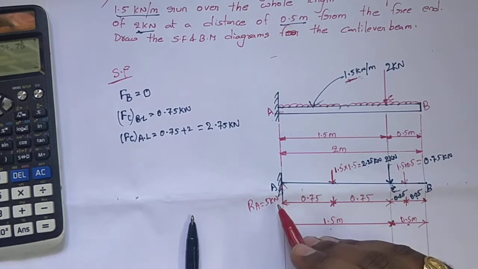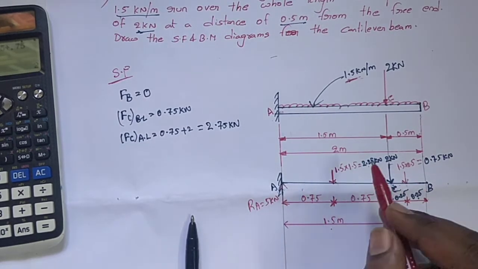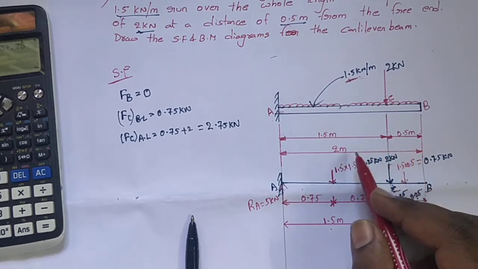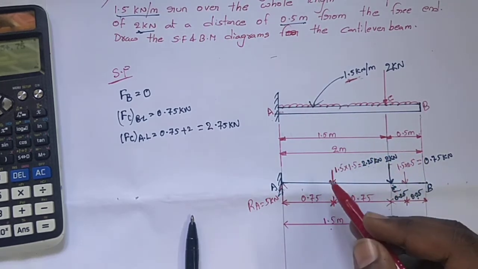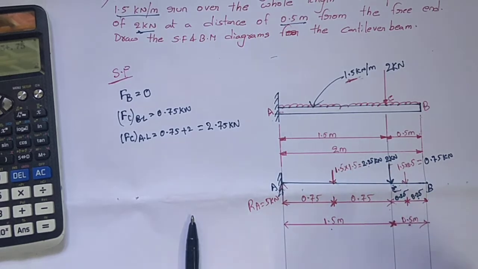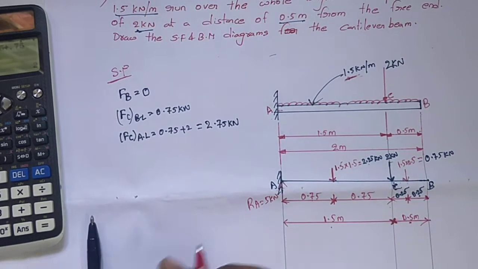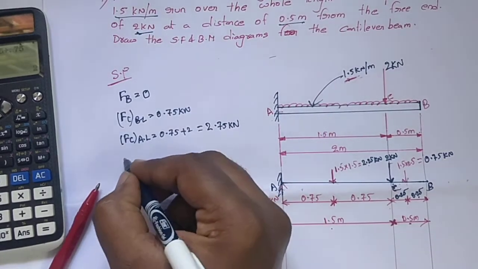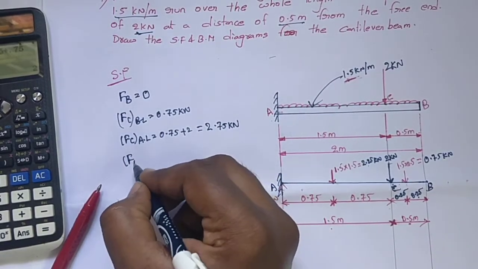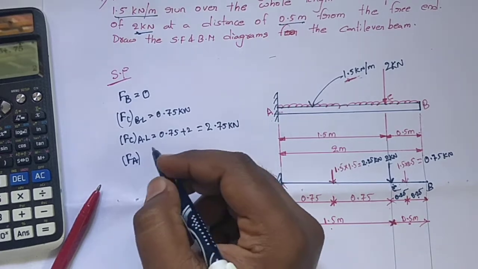So at point A the reaction force is acting, and we need to calculate shear force before and after load, that is without considering the reaction force and considering the reaction force.